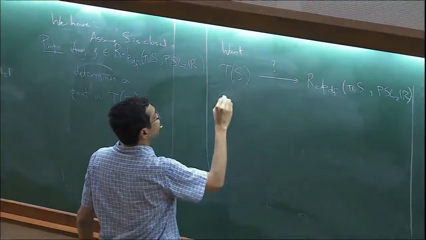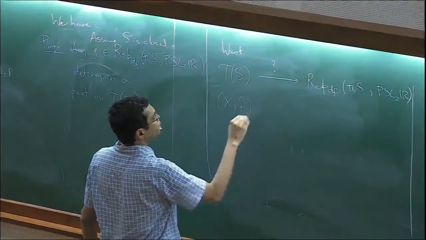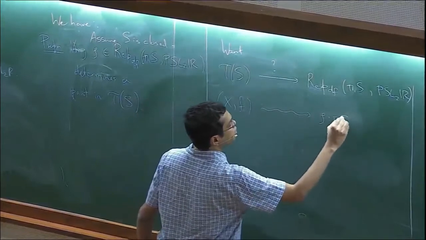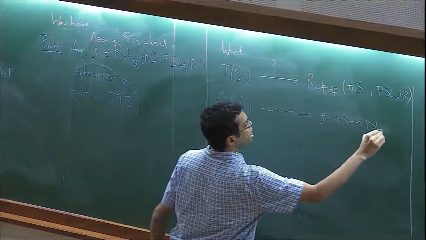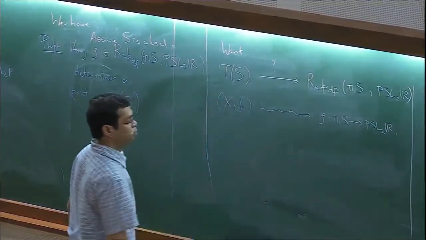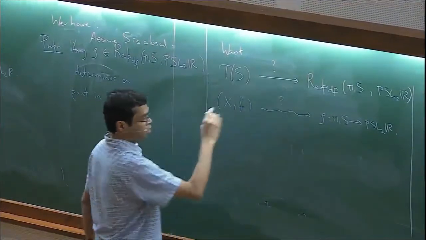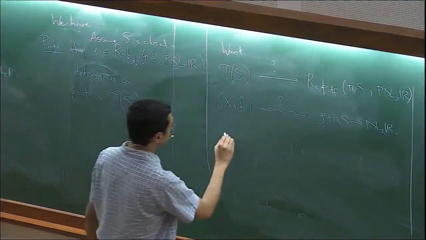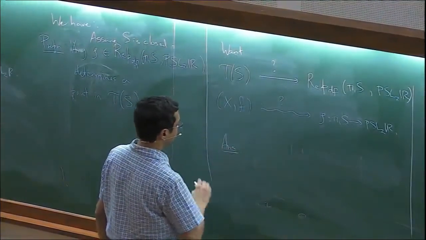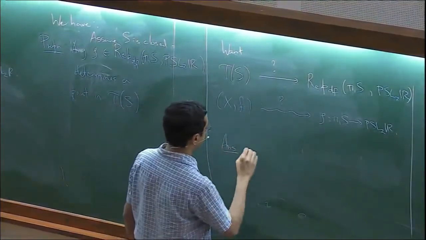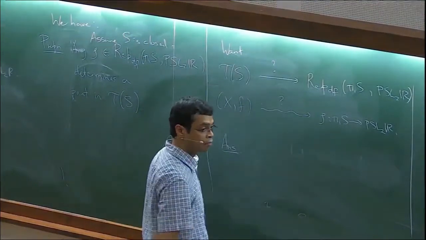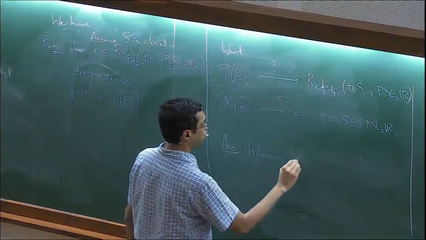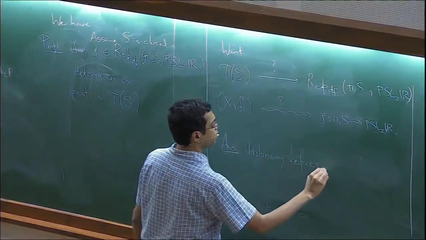If you start with a marked hyperbolic surface, how can you build a representation from the fundamental group to PSL2R? I need to tell you this, and this will complete the picture. So this rho is what is called the holonomy representation.